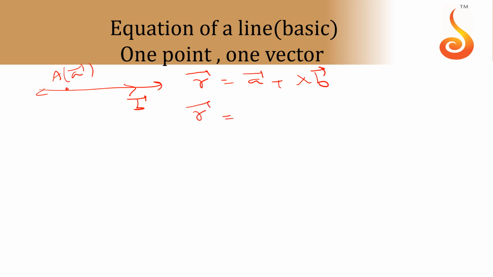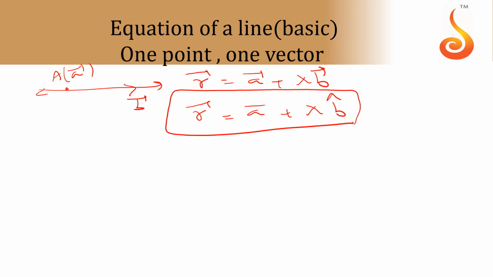If in place of B bar I use B cap, there is no problem, because whether it's a unit vector or not, the equation has no effect. But if you write like that, there is a speciality: whatever lambda you give, mod lambda will be the modulus of R bar minus A bar, because the modulus of B cap is 1. Means whatever lambda you give, you will generate a point R bar which is at a distance of mod lambda from the given point A bar. This is a very, very important structure.